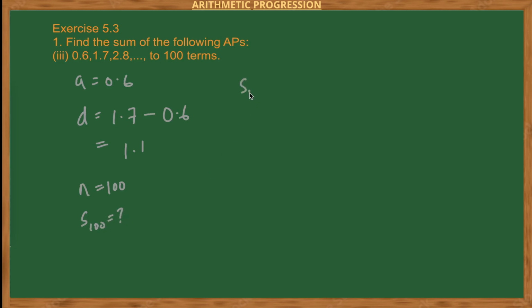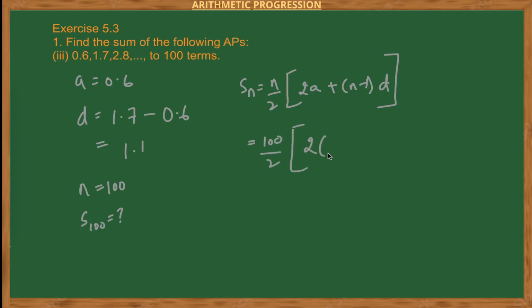The formula is Sn is equal to n by 2 into 2a plus n minus 1 into d. So n is 100 divided by 2, into 2a, which is 0.6, plus n is 100 minus 1 into d, which is 1.1.